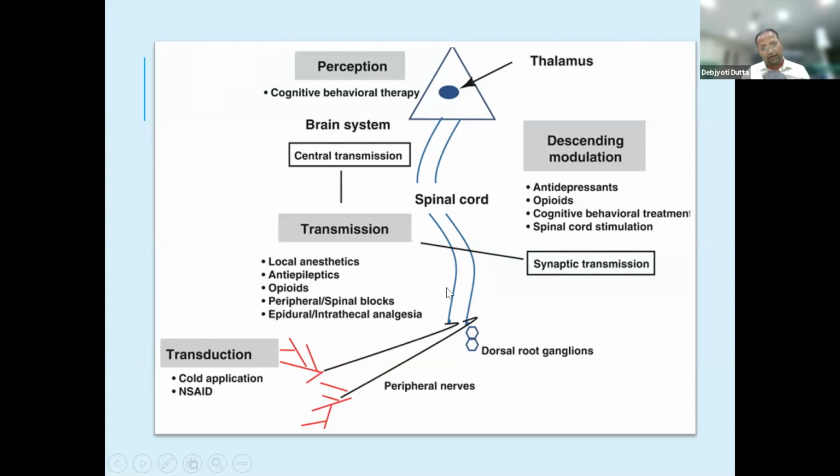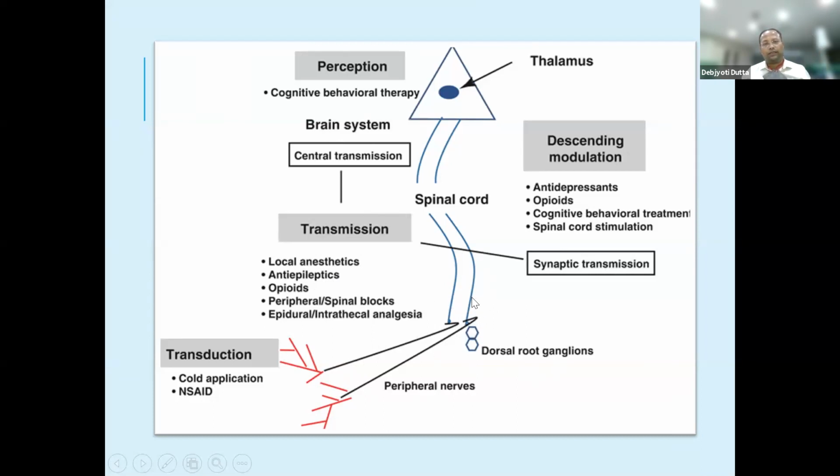If I am targeting the transmission level, then local anesthetics, anti-epileptics, and mainly opioids are used. The pain signal will not cross the dorsal horn area. I mean, it will cross, but in a dampened way.